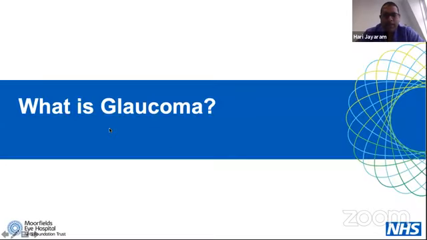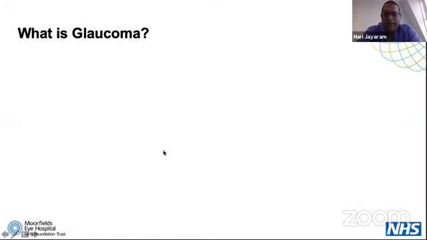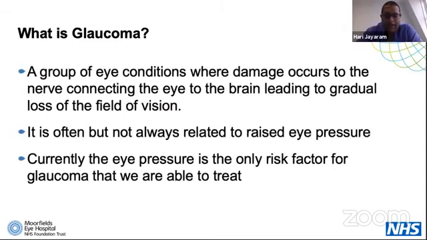So I guess the first question is, what is glaucoma? Glaucoma is a broad umbrella term, and essentially refers to any eye condition where there is some damage to the nerve that connects the eye to the brain. This is usually associated with damage to the field of vision and characteristic appearances when we look at the optic nerve.